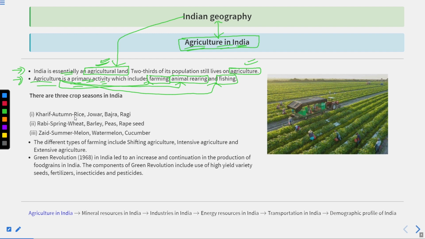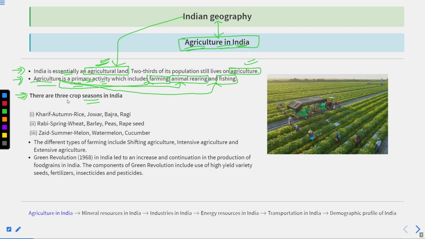Thereafter, if we talk about crop seasons, we know in India, because of our climate conditions, we are able to grow many crops. But each crop requires different climatic and geographical conditions. So these conditions in India basically depend upon the seasons. Seasons impact the weather and the climate in the Indian atmosphere.